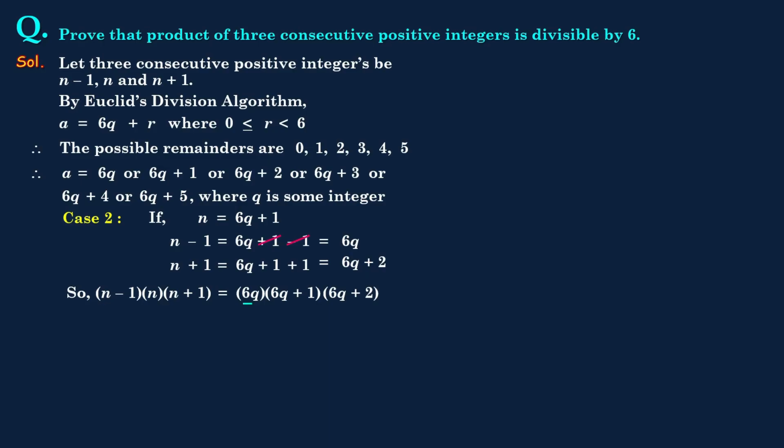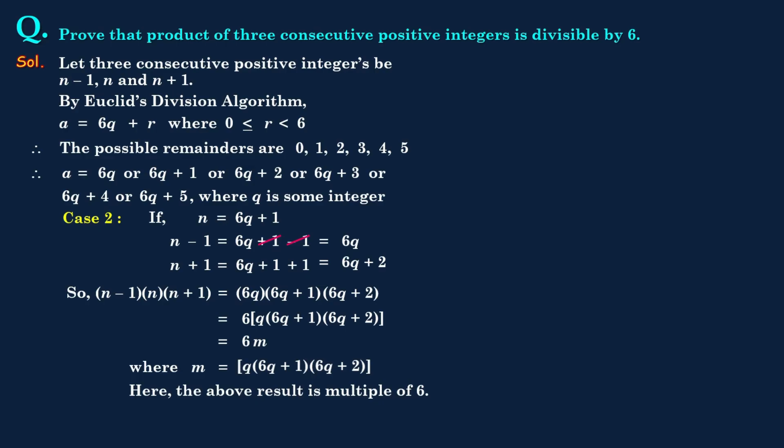Here if we take 6 common and put everything inside another bracket, we replace this entire thing with m, where m equal to q into 6q plus 1 into 6q plus 2. So we can clearly see that the above result is a multiple of 6. Hence it is divisible by 6.